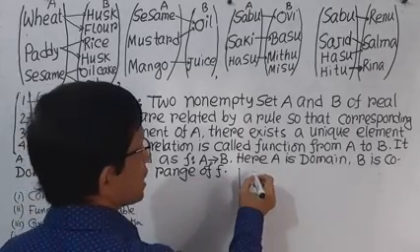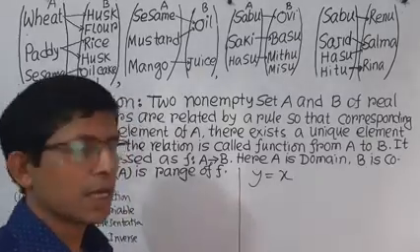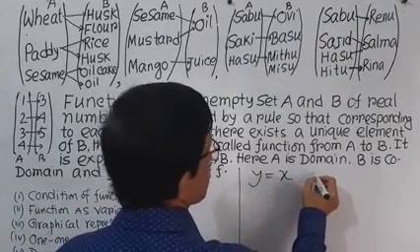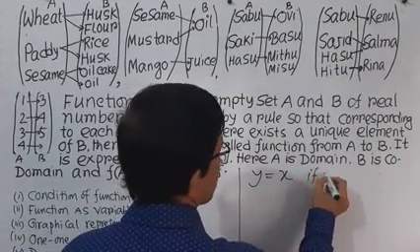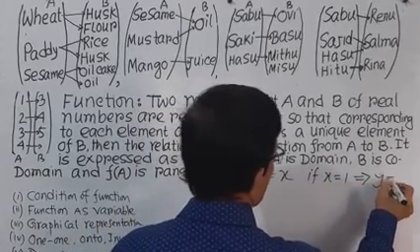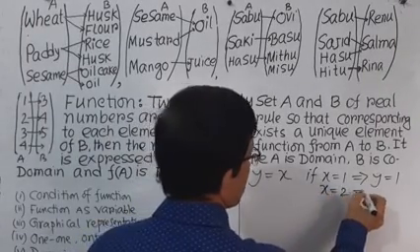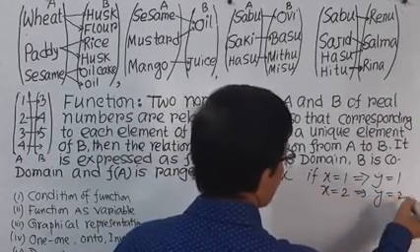Suppose two relations are given, y equal to x, and if you put x equal to 1, then we get y equal to 1. If you put x equal to 2, then you will get y equal to 2.